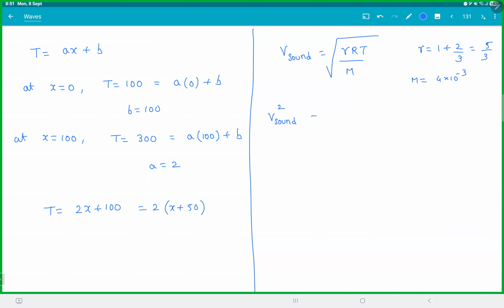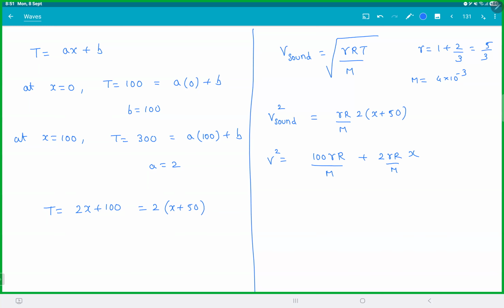V sound square, gamma R by M, 2x plus 50. This would be 100 gamma R by molecular weight plus 2 gamma R by M into X.